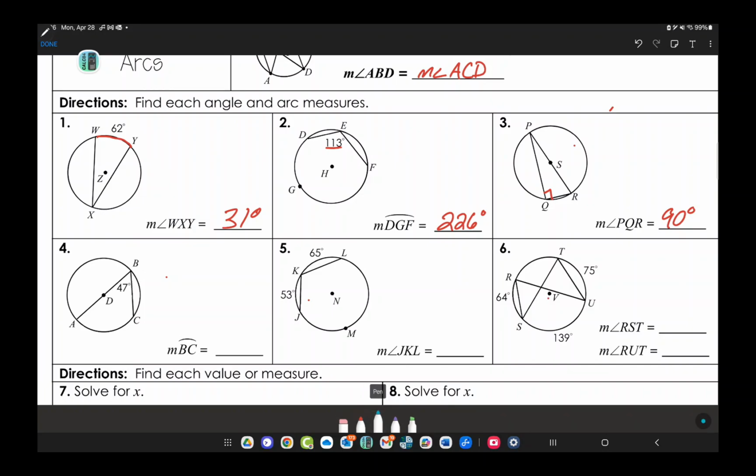Now, this takes it a little further. Since we know that if we double the angle, we get 94 degrees, and since this whole arc should add up to 180, 180 minus 94 is 86 degrees.